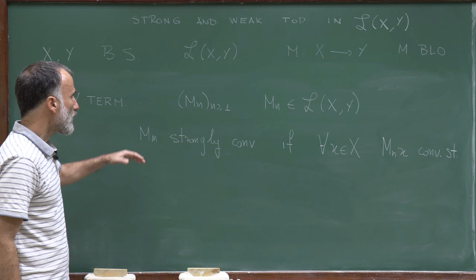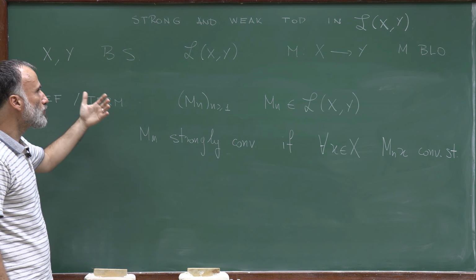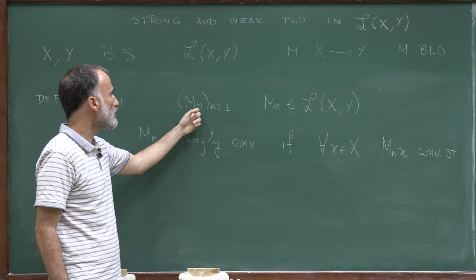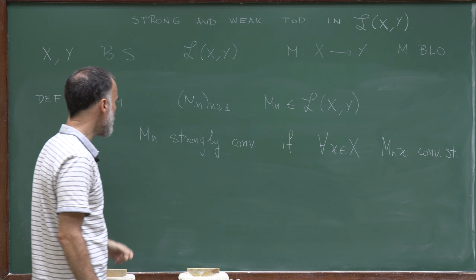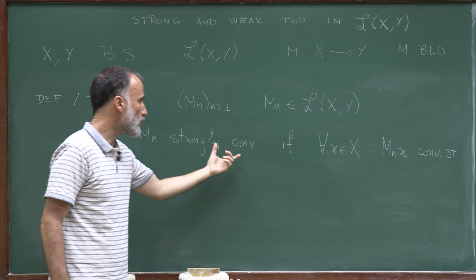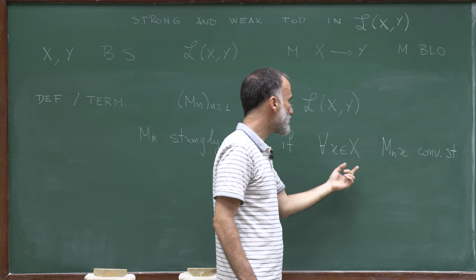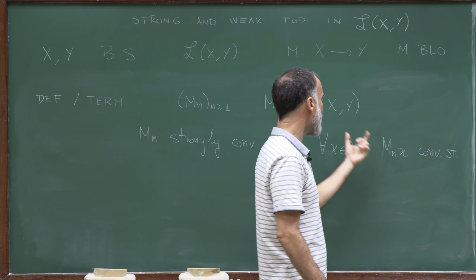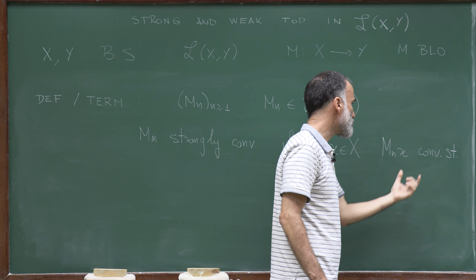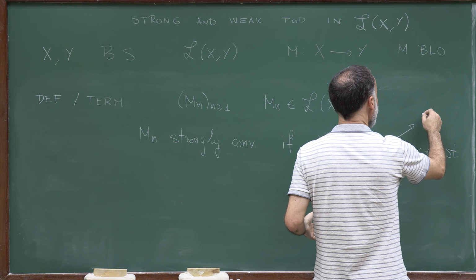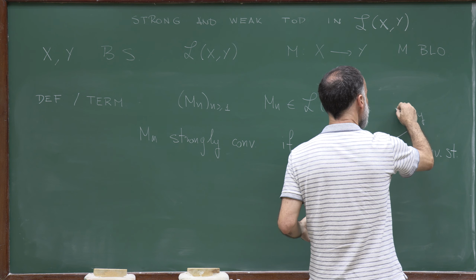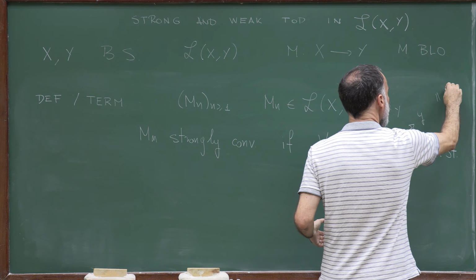So I'm introducing a new terminology. If I have a sequence of bounded linear operators Mn, I would say that this sequence strongly converges if for any point x, the sequence of points in Y, Mnx, converges strongly, which means that Mnx converges to some point in Y in the topology of Y, which means in the norm of Y.